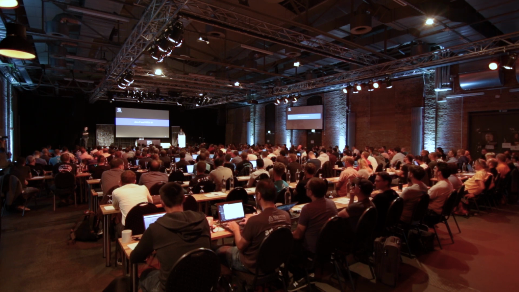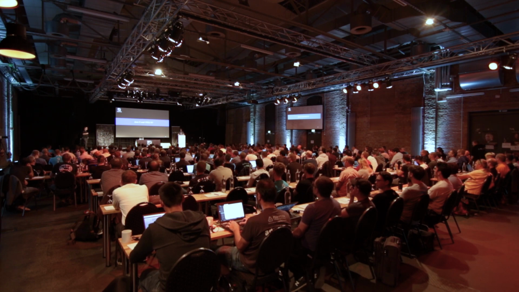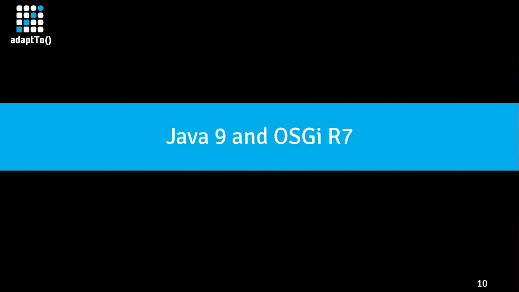So given that we have JPMS now, what does that mean for OSGi? On the one hand was getting OSGi to work on it. Well, that we sort of managed, but there were some adjustments that we thought were necessary immediately. I mean, hopefully in the future we get even more stuff in the spec, but for now we settled with two things.